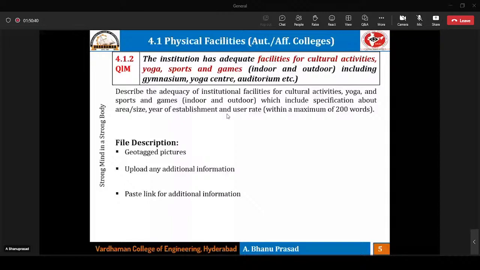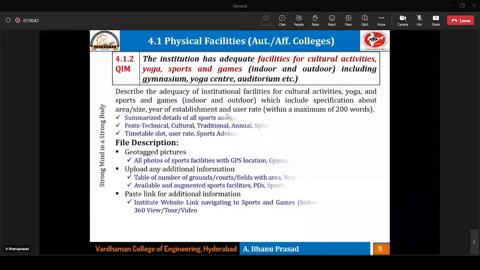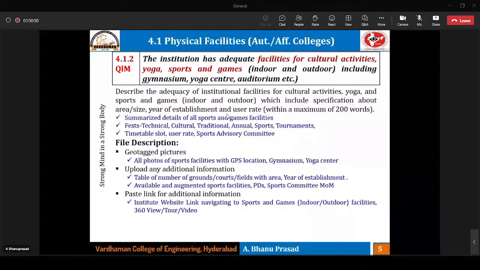We can summarize the details of all the sports and games facilities. We can describe the fest, the technical fest. We can describe the cultural and traditional events. In Telangana, we do the Bathukamma festival or Dasara; India is really a good nation with different traditions and cultures.